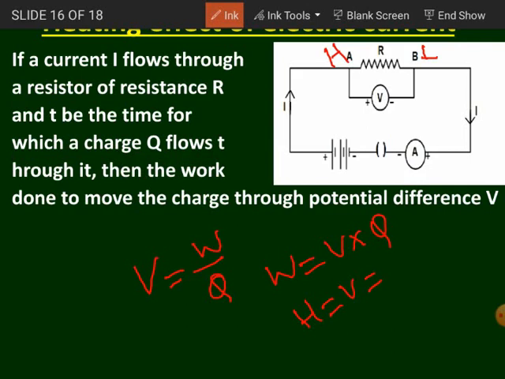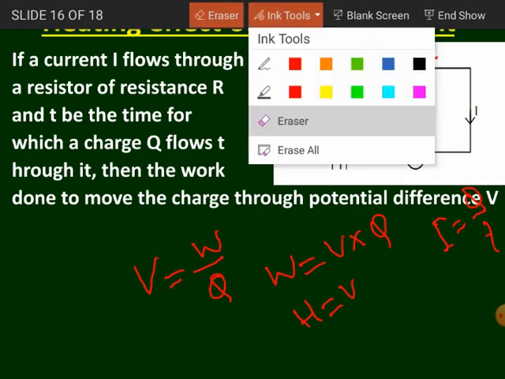From the expression of current, current is defined as the rate of flow of charge. So your Q will be equal to I into T. So let me write IT here instead of Q.